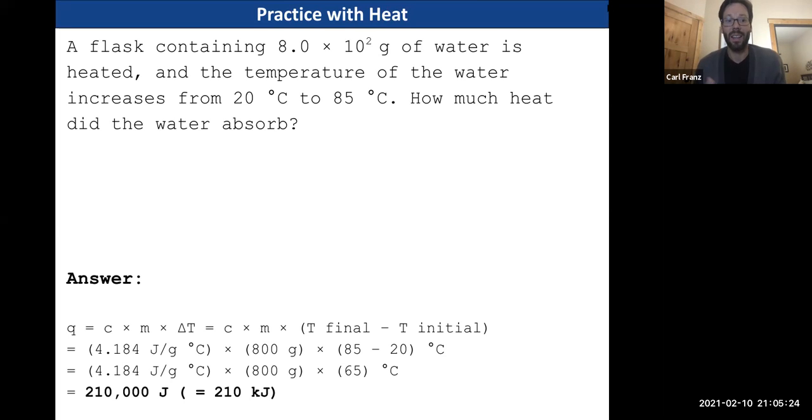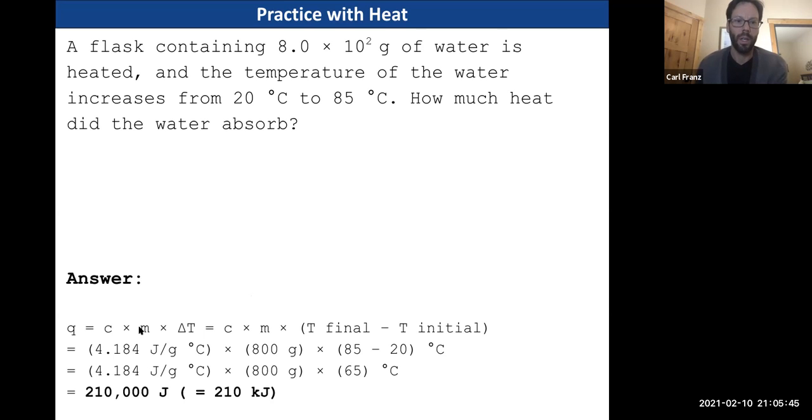But suffice it to say, this is an example here where they're giving us a flask containing a certain amount of water, and they give us the temperature of the water increasing from 20 to 85. So that's delta T. How much heat did the water absorb?